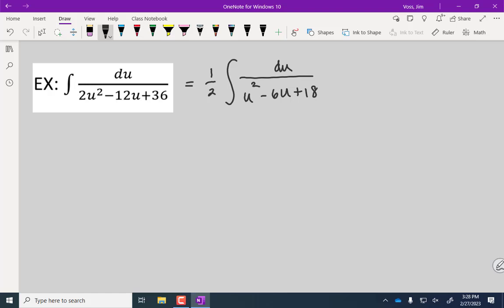You can't do divide by 2 and square for a random quadratic. The leading coefficient has to be 1 before you can complete the square, or you can't complete the square. So factor out the 2, make that leading coefficient 1, and then we'll complete the square.